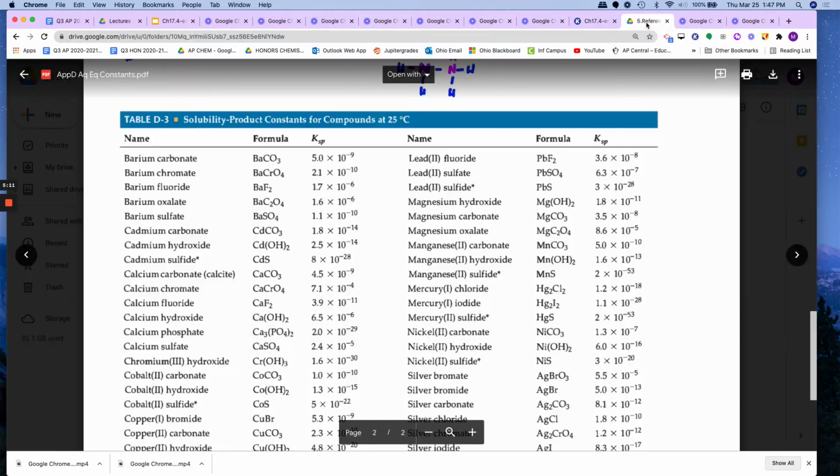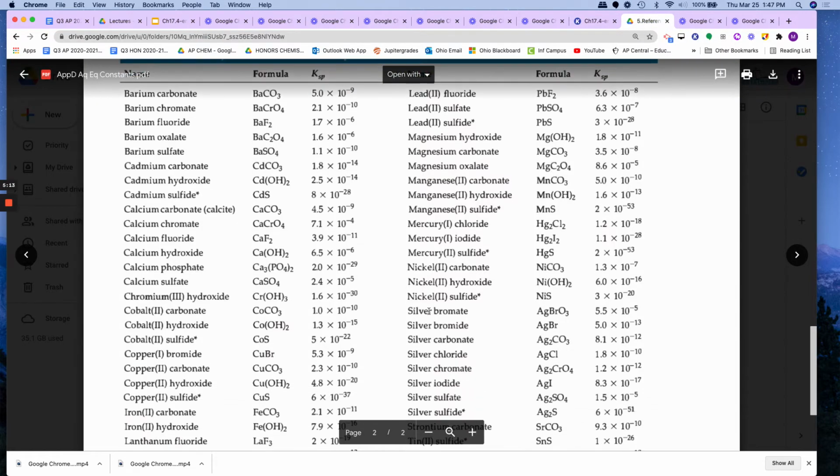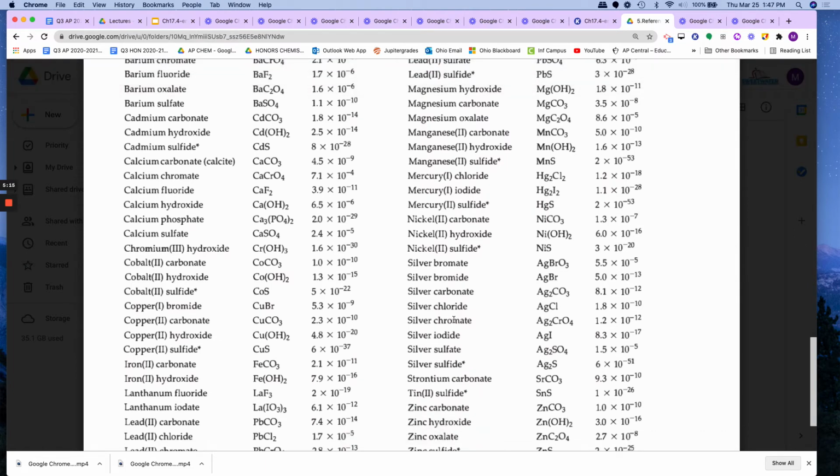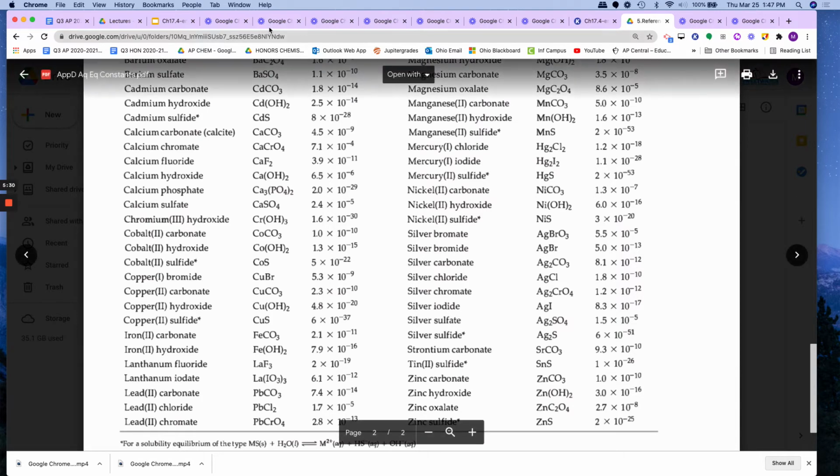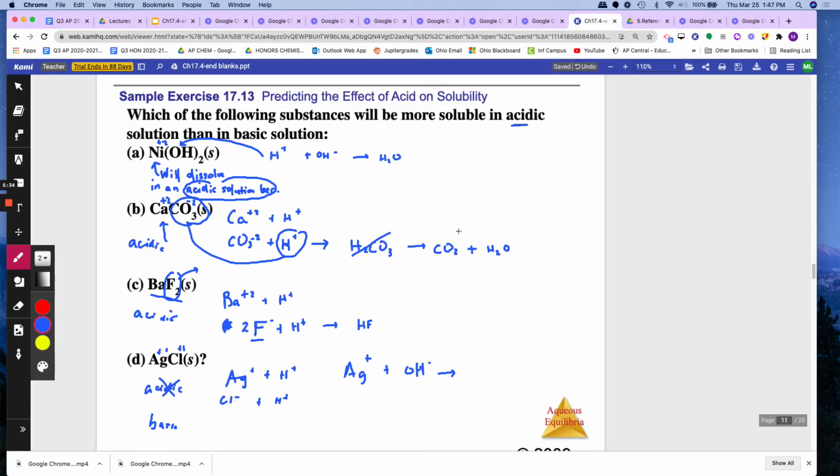So the reference sheet, AgOH, silver hydroxide over here. Okay, it's not on this chart, but I did look it up. 2E negative 8 is just not on this one. So this is AgOH.